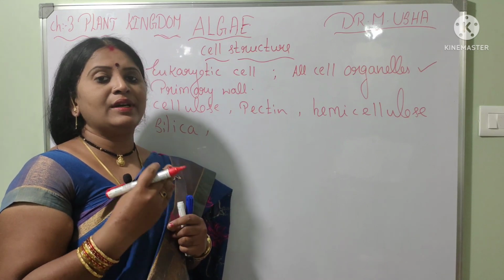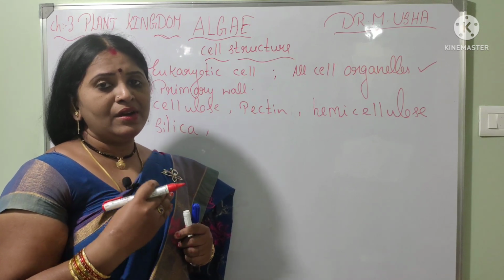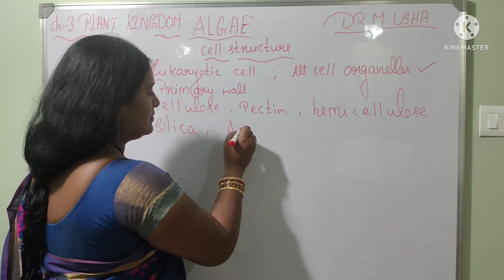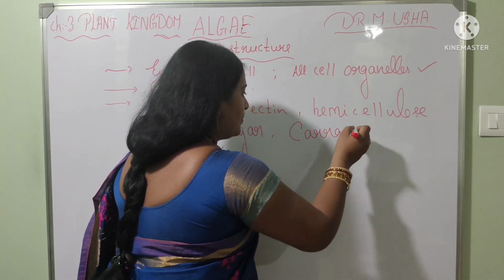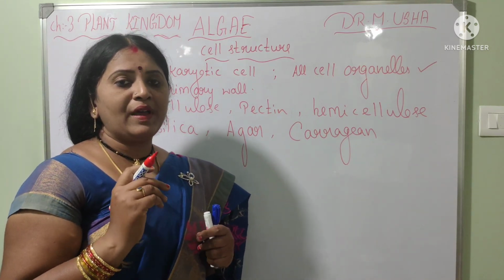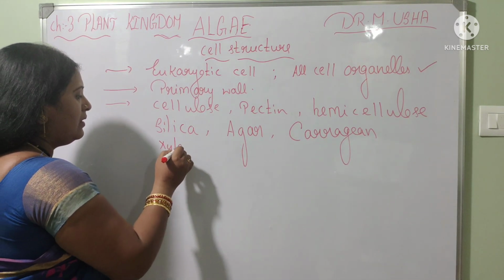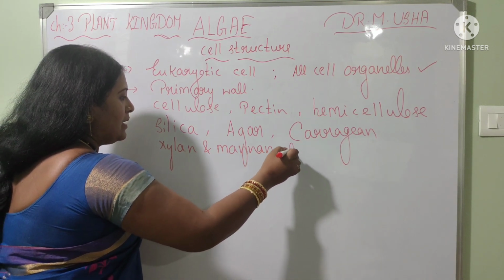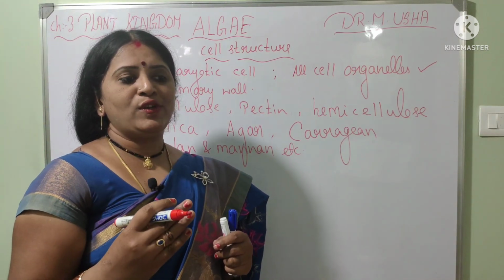So far you children have studied in biological classification the chrysophytes, diatoms and desmids. Their cell wall composition is silica. And then agar, carrageenan, followed by xylan and mannan, are the important cell wall components.